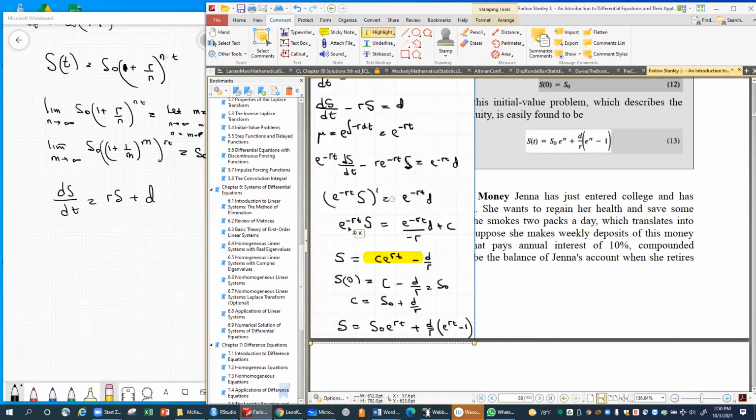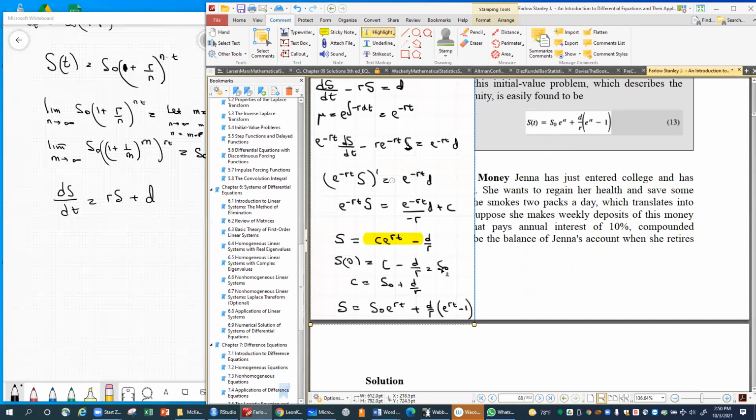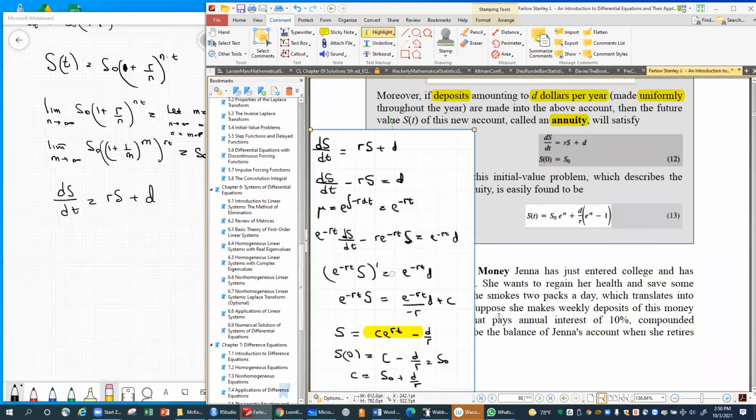And if you multiply now by e^(rt) to get to s, you get c e^(rt), exponential growth, and minus d over r. And if you have an initial condition, the initial amount you put into the bank as S0, so if you plug in 0 here, you get c minus d over r equals S0, so c is S0 plus d over r. So you get this formula, okay? In fact, we wrote it this way, by the way.